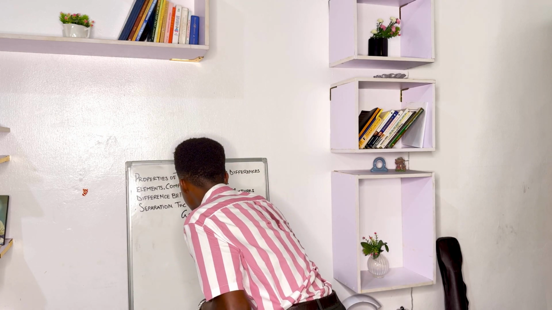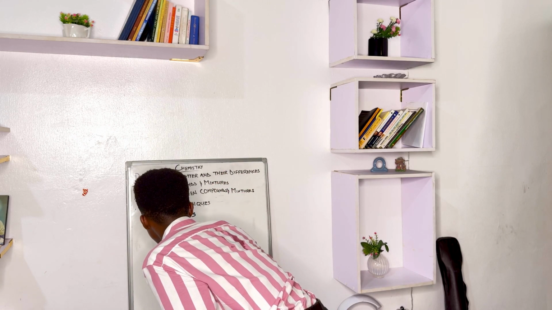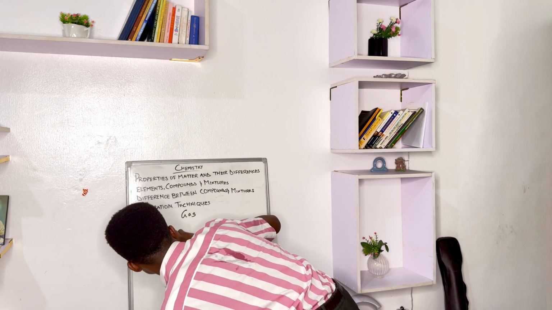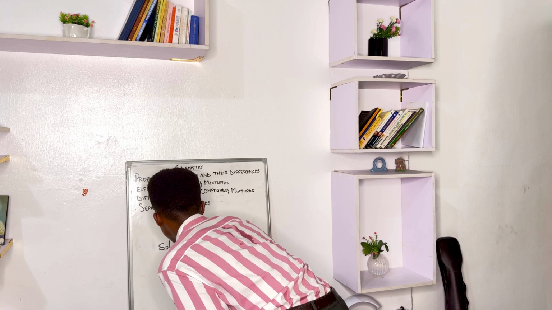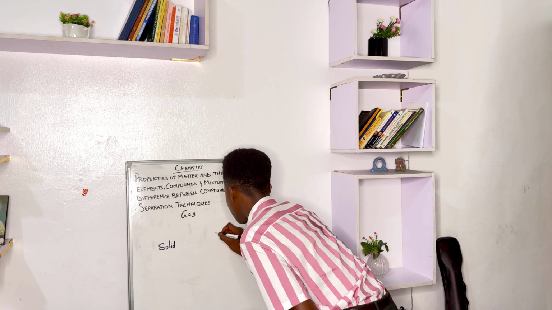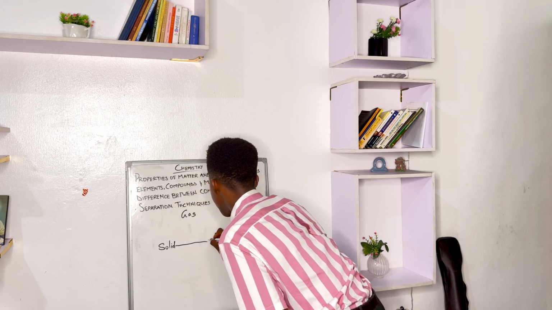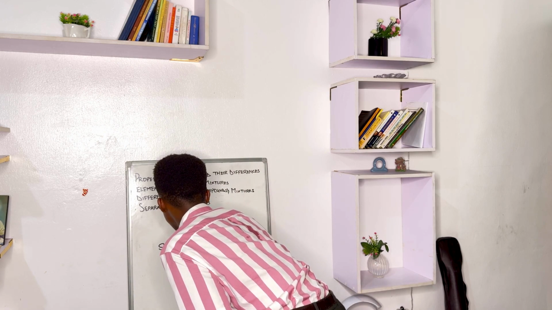So let's say this is a gas. Let's say this is a solid. And let's say this is a liquid. All right? A solid can transition to a liquid by melting.